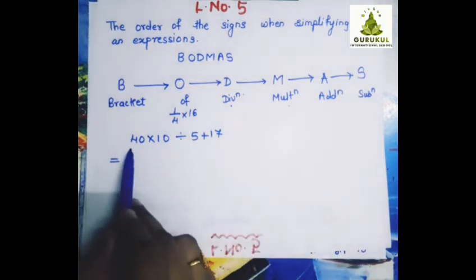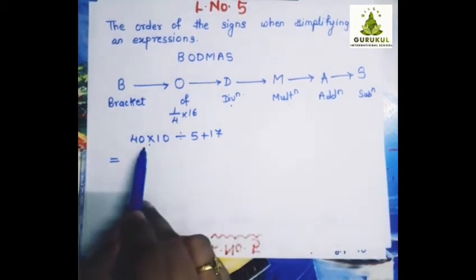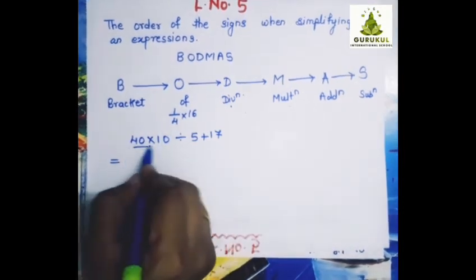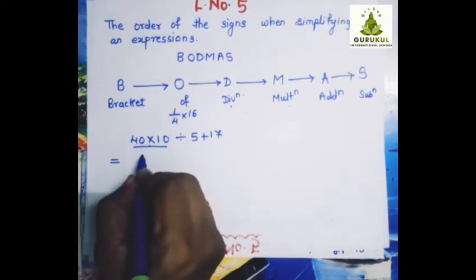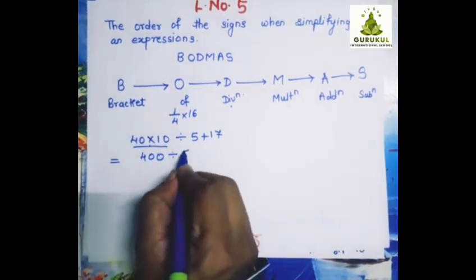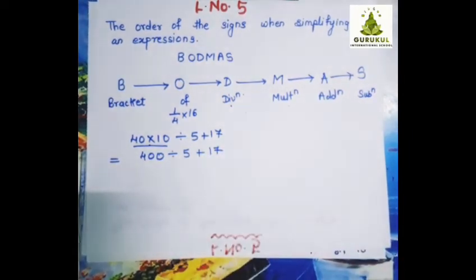Out of multiplication and division, multiplication comes first. So we have to do the multiplication first. So 40 into 10 will be 400 divided by 5 plus 17. Here we have to show the steps directly, we are not supposed to write the answer.